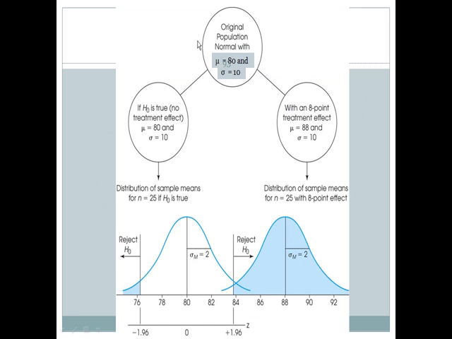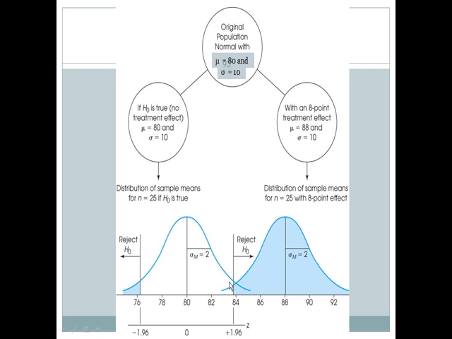We find a distribution of sample means here, and there's a certain region in which we would find no difference, but we would reject the null hypothesis over here. If there is an 8-point treatment effect, we find this separate distribution of sample means, but still, here is our critical region.